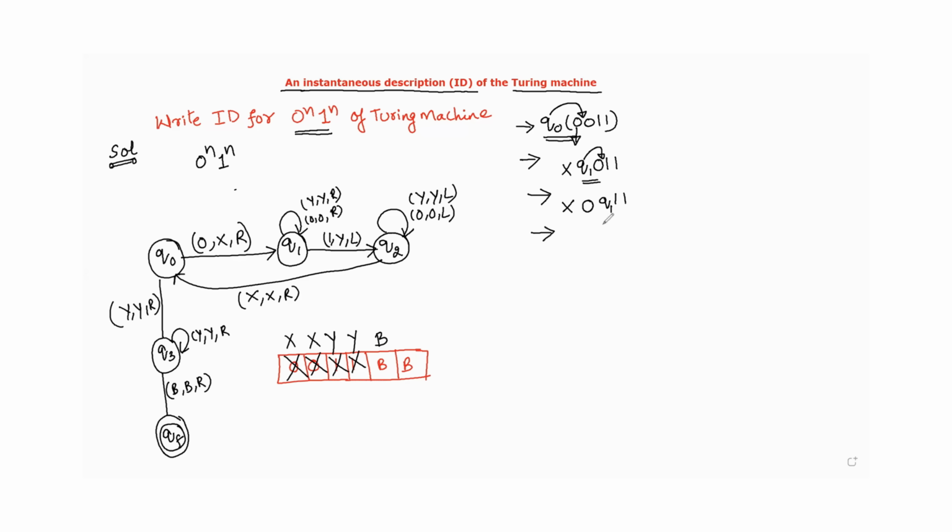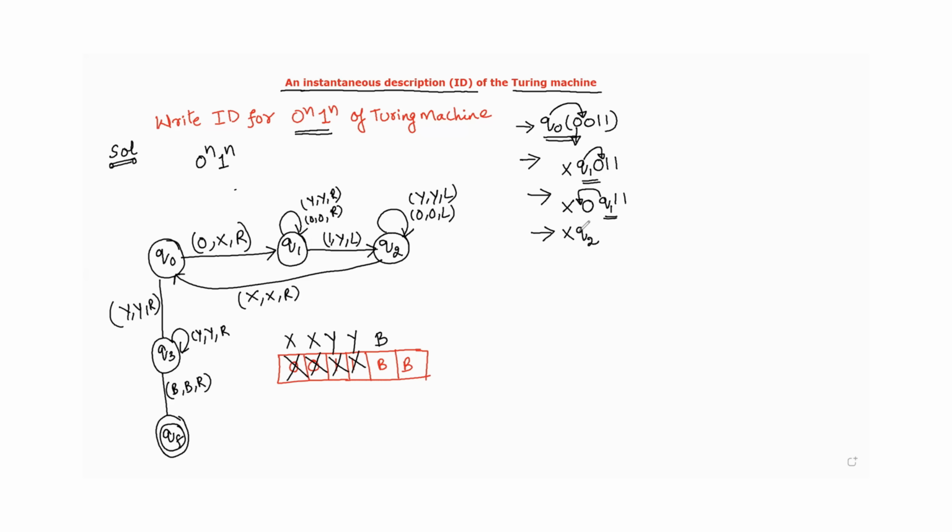Next value, q1 on 1. Q1 on 1 goes to q2, where it is the left side. Remember, left side means this place. Here x remains the same. So q1 on 1 goes to q2, but it is a left side, so you can observe it goes to the left side.